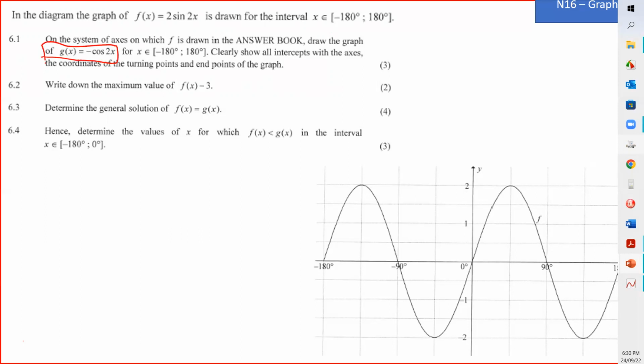You can use the table on your calculator, or you can type it on your calculator. If we type in minus cos 2 times 180, at minus 180, if we substitute, we should be getting negative 1. Okay. If we substitute 135, minus cos 2 times 135, we should be getting 0. If we substitute minus 90 into that equation, we should be getting a plus 1.